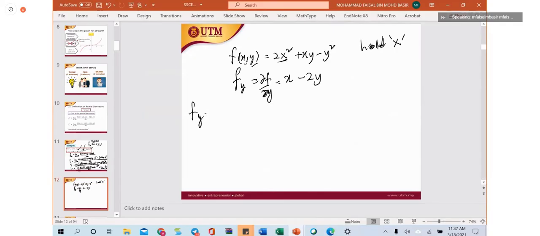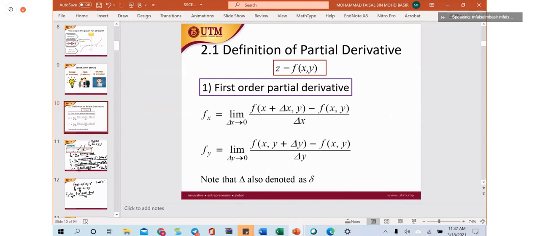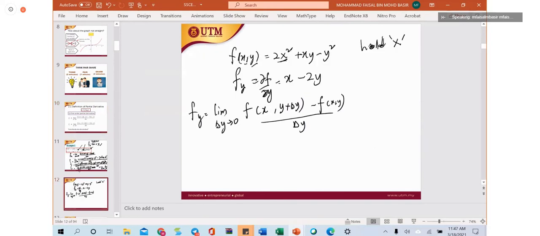Okay, we try to use the definition for fy: limit as delta y approaches 0 of f(x, y plus delta y) minus f(x,y) over delta y. Is the formula correct or not? So x remains, so you just copy this. 2x squared remains.